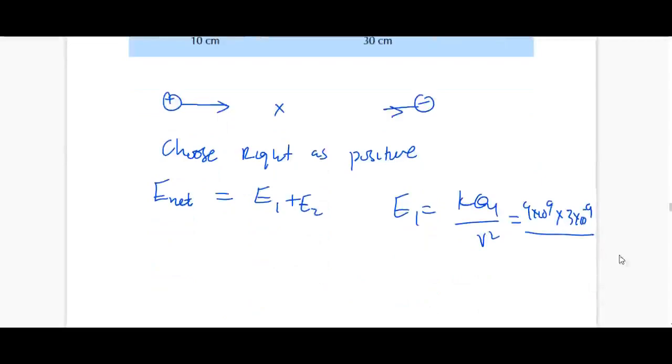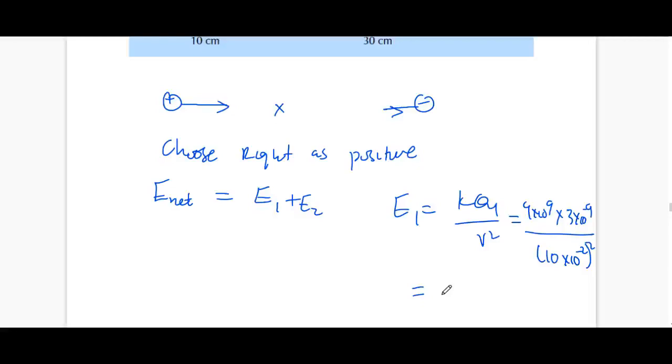Let's use 10 centimeters, all squared. So 9 times 10 to the power 9 multiplied by 3 times 10 to the power minus 9, divided by 10 times 10 to the power minus 2, all squared.